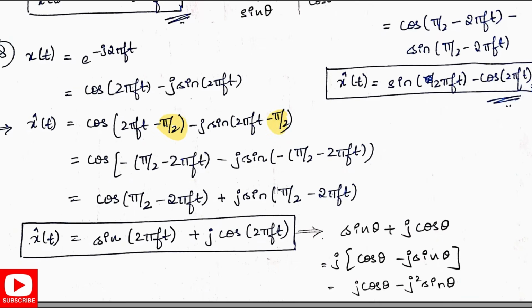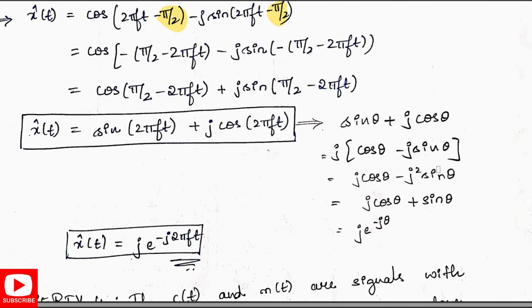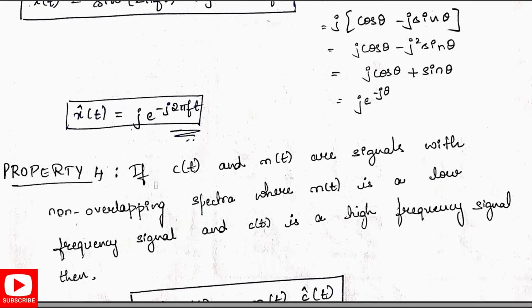Then take the minus out, and then you will get cos theta plus j sin theta, and for that you need to make it sin theta plus j cos theta. Also, you can simplify this further by taking j common out, and then multiplying the j inside, you get j square. So j square is minus 1, so that becomes plus. This is in the form of j e power minus j theta, so that can also be written here.